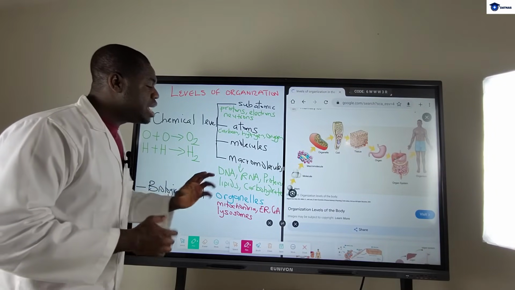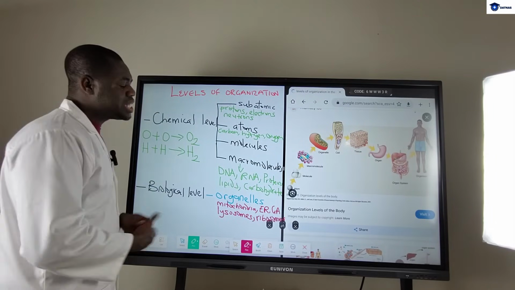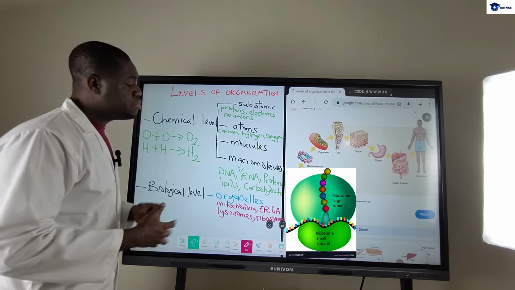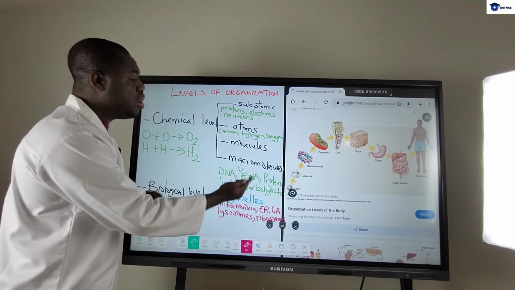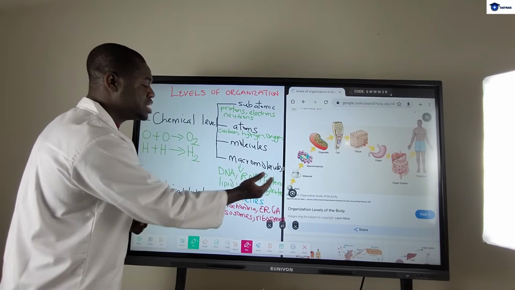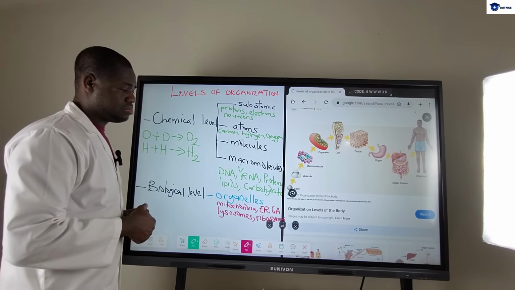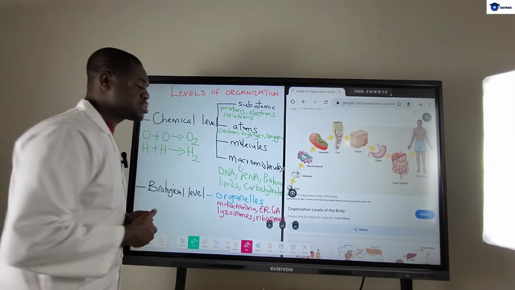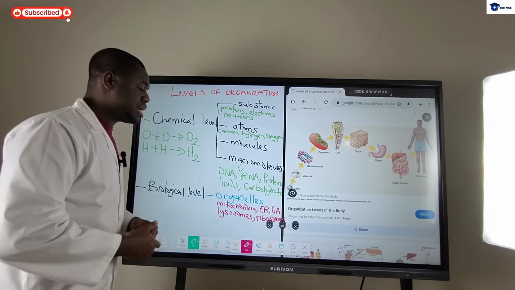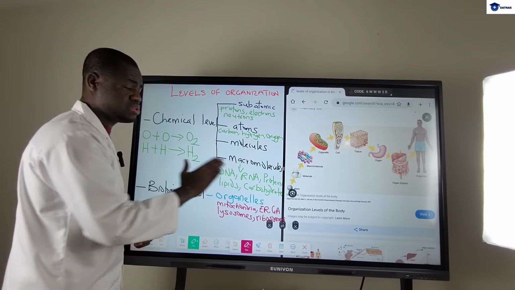And these organelles are made up of macromolecules. Another example is ribosomes. For example, ribosomes consist of proteins. It synthesizes proteins. Golgi apparatus contains carbohydrates. What we are seeing here is that organelles are made up of macromolecules.